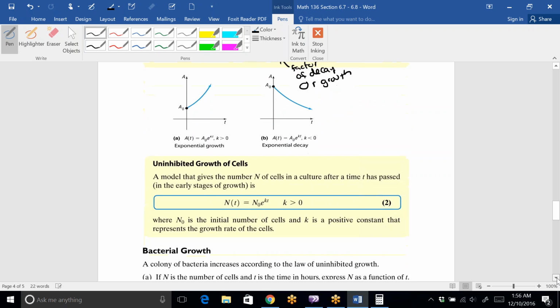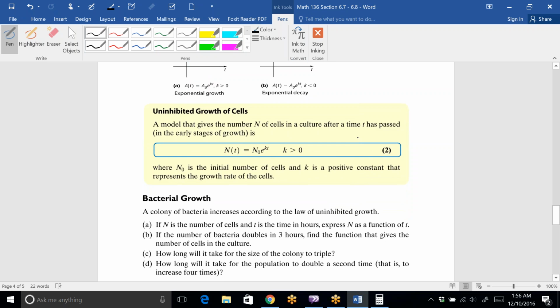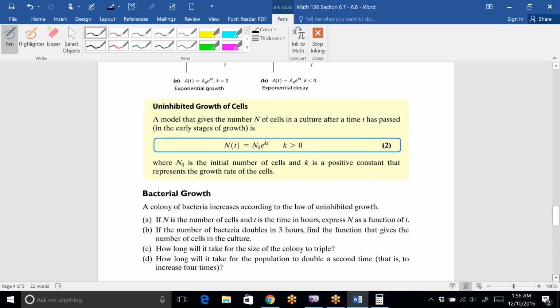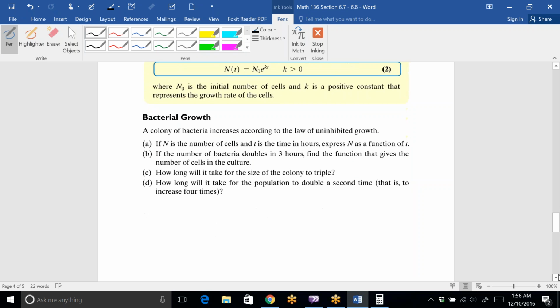A model that gives the number n of cells in a culture after time has passed in the early stages of growth is that same type of formula, so they're calling it n now. N sub 0 is the initial number of cells. K is a positive constant that represents the growth rate of the cells. So this K is going to be a percentage of growth. So we're going to work through this example.